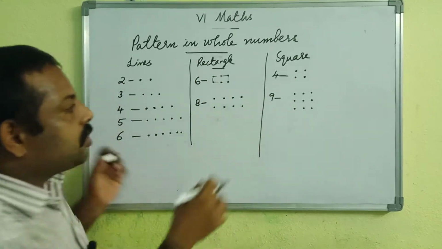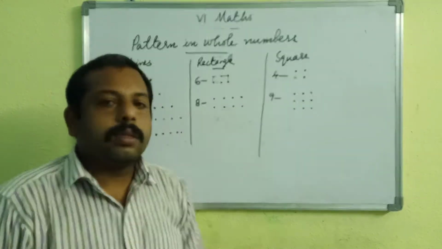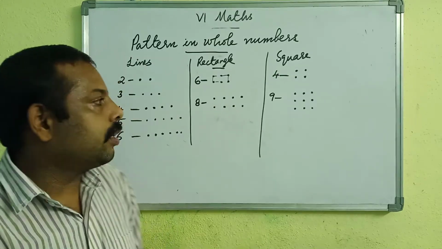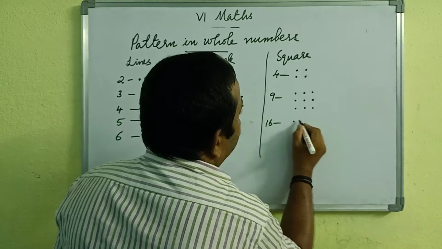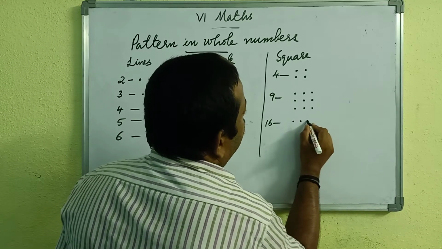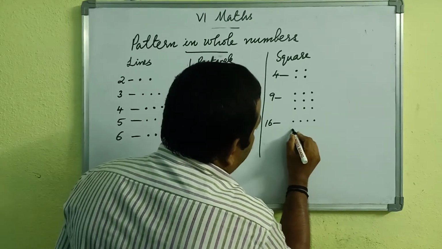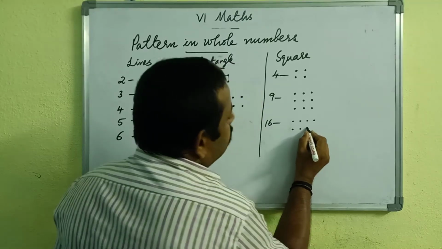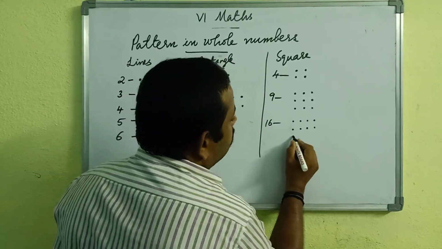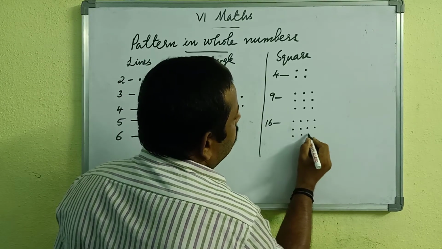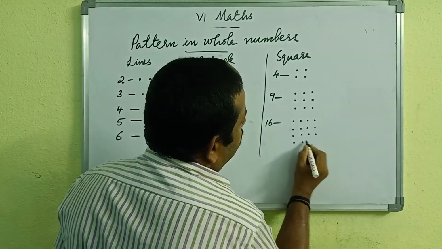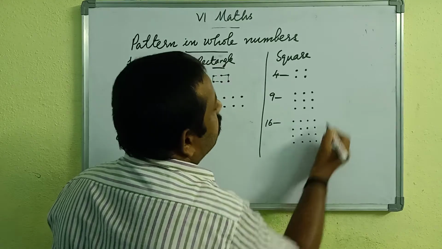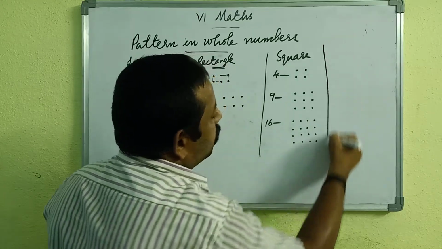When you unite these dots, you will get a square. If it is 16, 1, 2, 3, 4, 5, 6, 7, 8, 9, 10, 11, 12, 13, 14, 15, 16. So this is also a square.